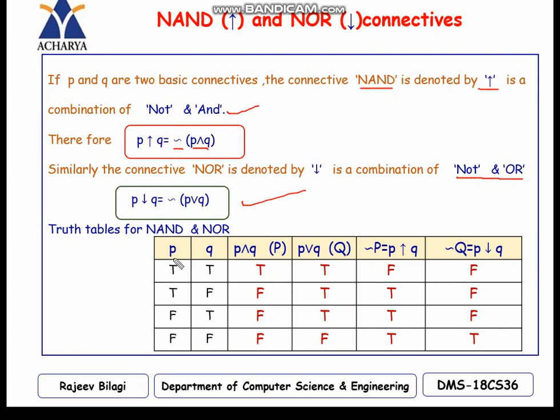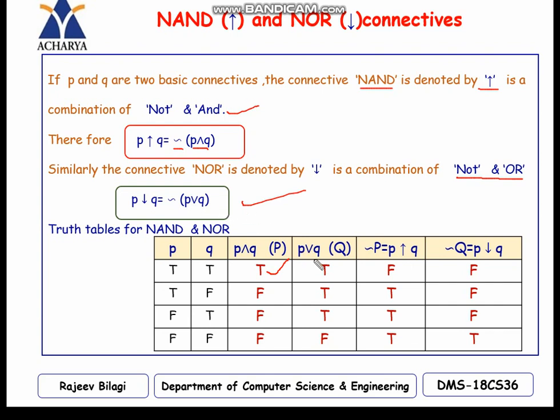P, Q: TT, TF, FT, FF. First I need P and Q, so for that I have written P and Q. P and Q says that when both are true, then only it is true. So T, remaining F, F, F.